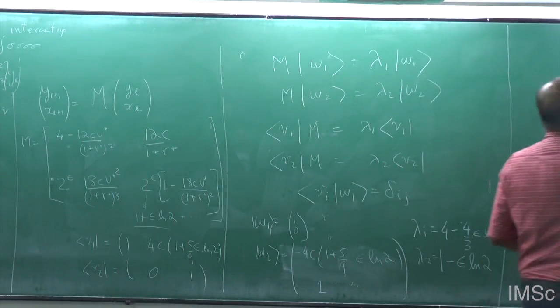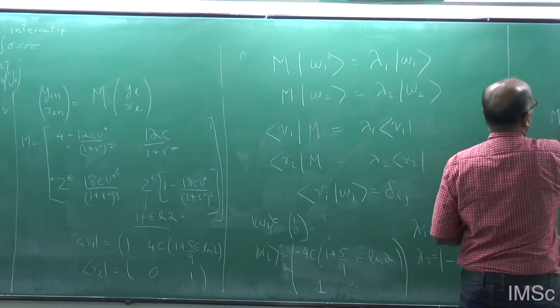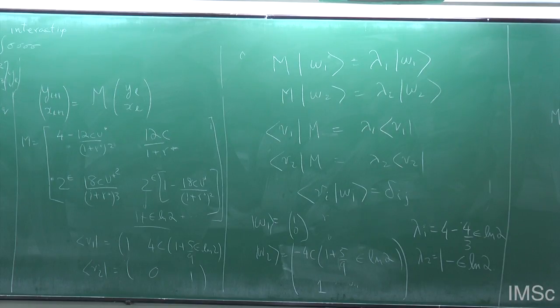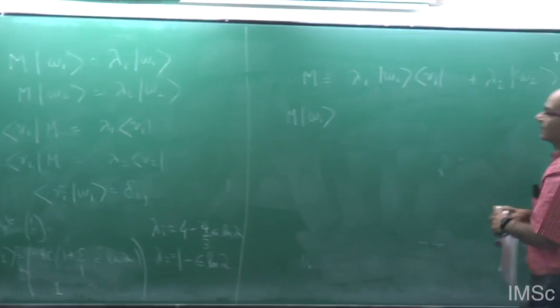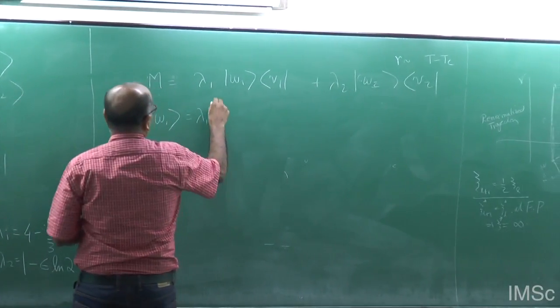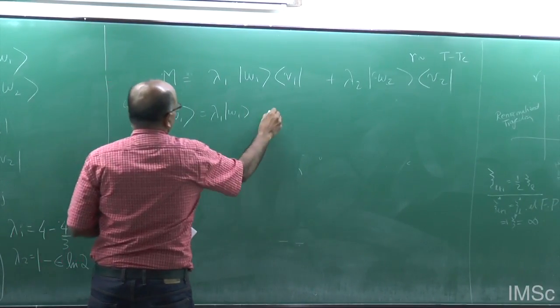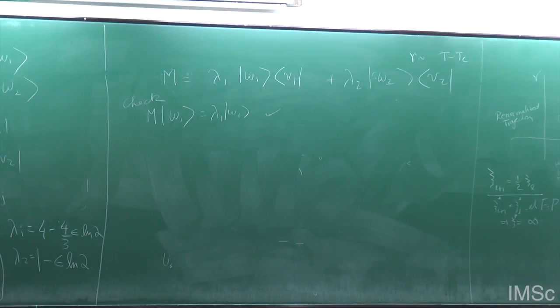Well, this is obvious, because if you act with M on W1, you put a W1 here. W1 with V2 is 0, so this doesn't contribute. W1 with V1 is 1, so you just get lambda 1 W1. Similarly, if you put a V1 on this side, this will give you lambda 1, V1 with W2 is 0, so this will go off. So you can easily check that M with W1 is lambda 1 W1, etc. Check. Okay.